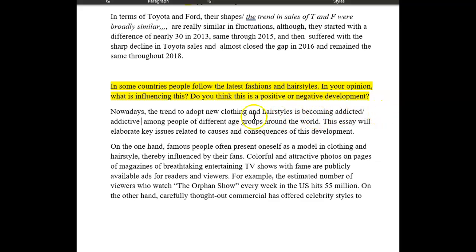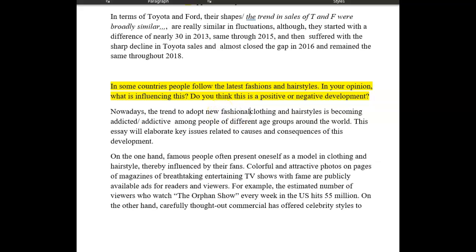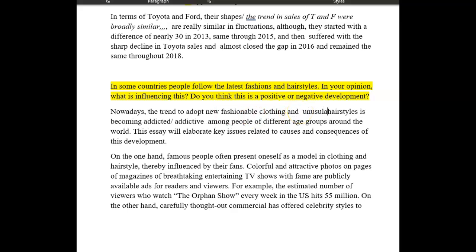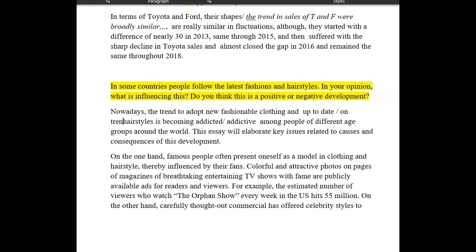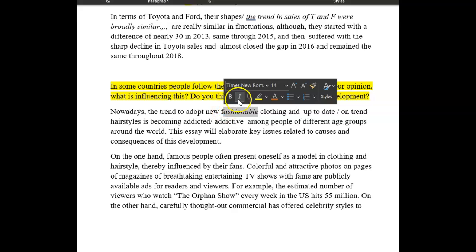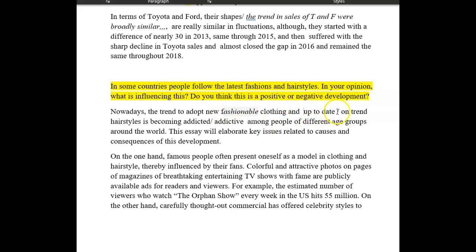Okay, the trend to adopt new fashionable clothing and unusual, or maybe up to date, or on trend hairstyles. So by putting in some adjectives, I am expanding the essay, and I'm also showing vocabulary to the examiner. So those are the two nice skills I'm doing there. Okay, really important adjectives. Okay, so opinion.